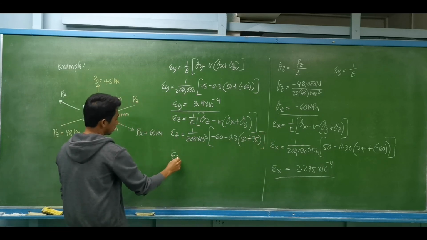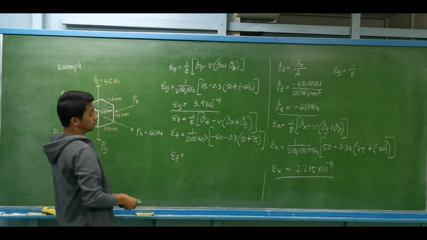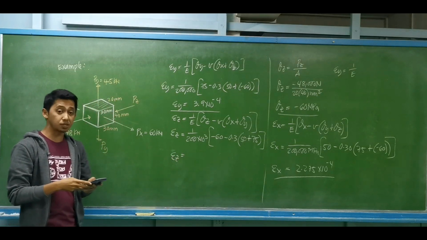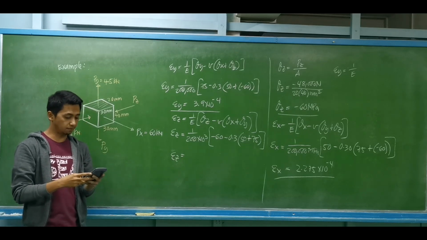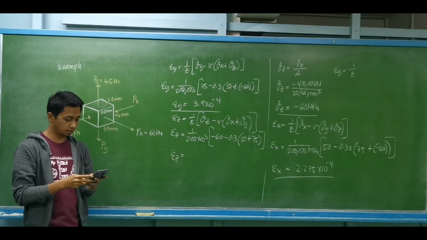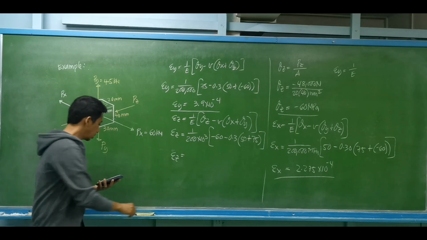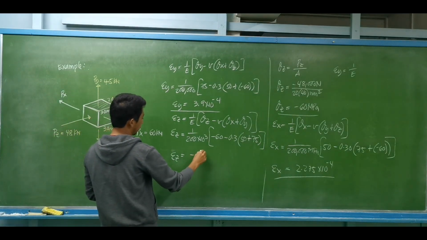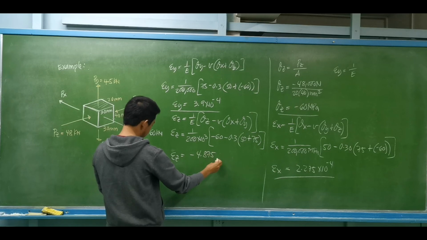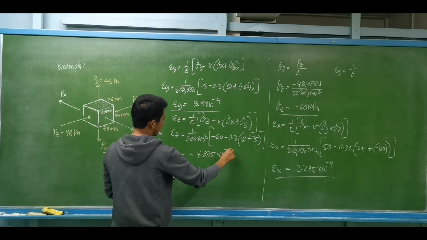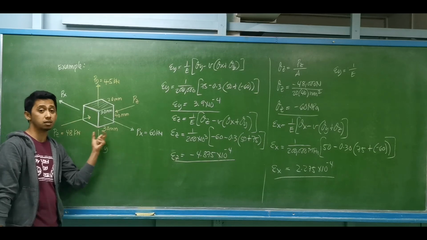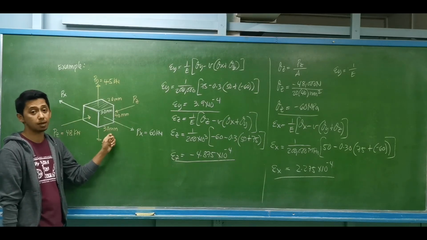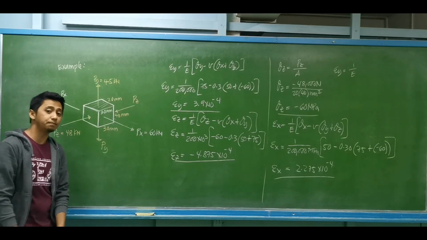So the strain on the z-axis is negative 60 minus 0.3 of 50 plus 75, divided by 200,000. This value is negative 4.875 times 10 raised to negative 4. We'll be having a shortening in the z direction or z dimension of this given sample. So this will be our solution.